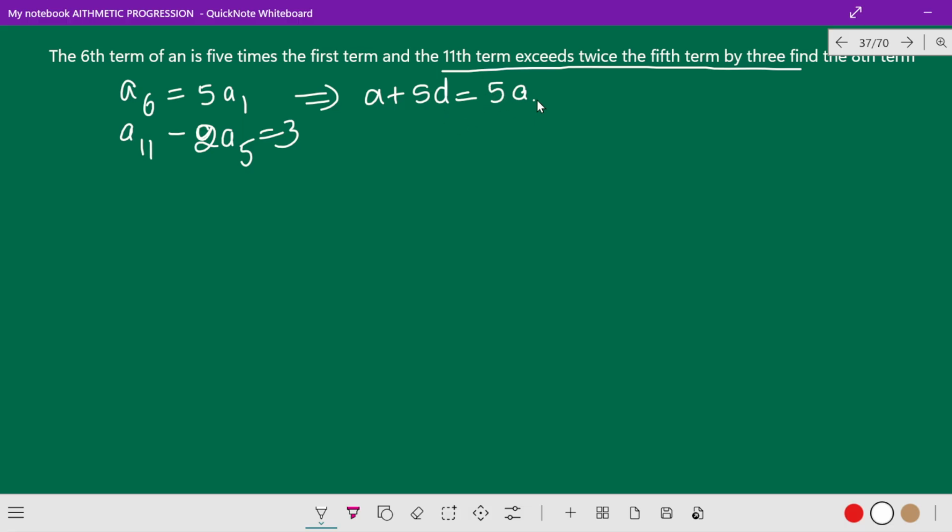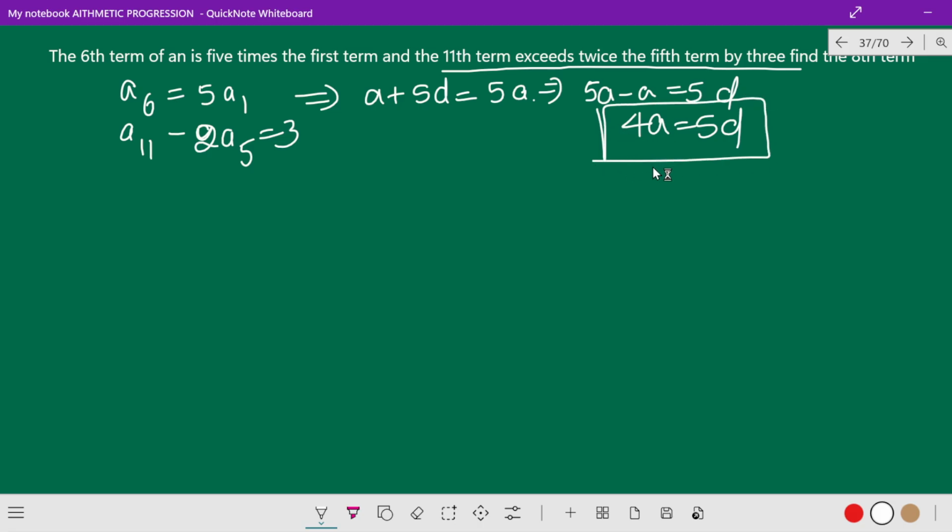So a plus 5d is equal to 5a. If I shift the a this side, that becomes 5a minus a is equal to 5d, which remains as it is. So I get 4a is equal to 5d. Or I can substitute a is equal to 5d by 4 also. Just we will see how we can substitute 4a is equal to 5d.